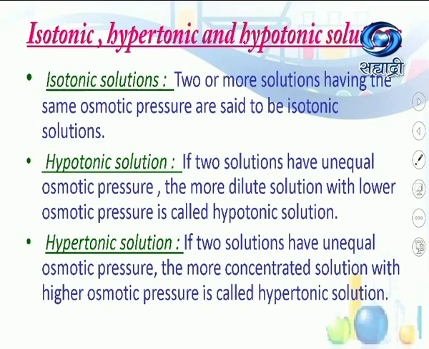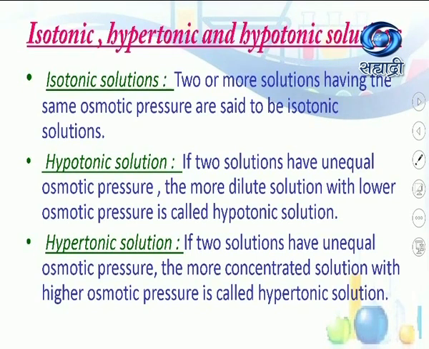Then hypotonic solution, hypo म्हणजे काय? Less, कमी. So if two solutions have unequal osmotic pressure, the more dilute solution with lower osmotic pressure is called a hypotonic solution. So what is a hypotonic solution?